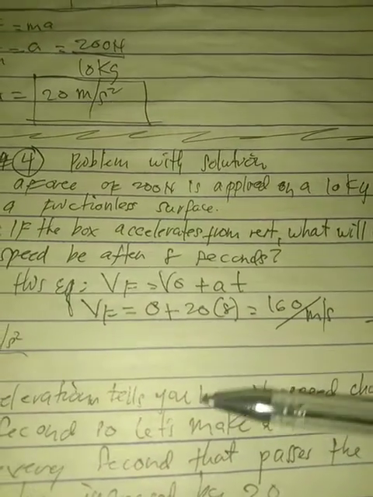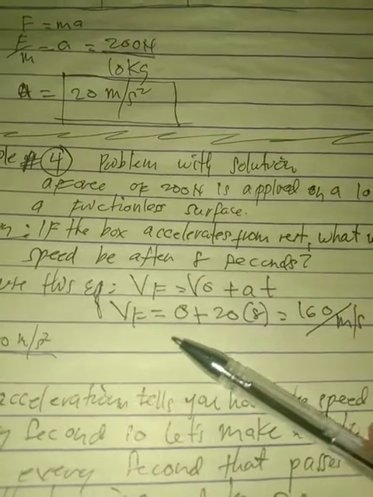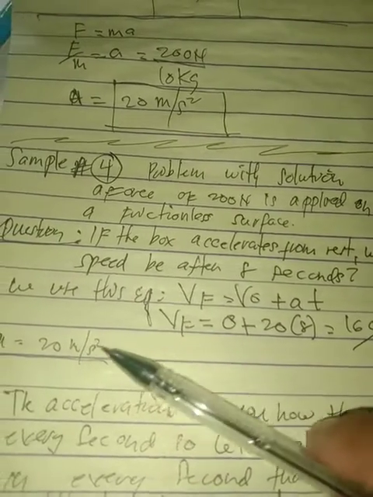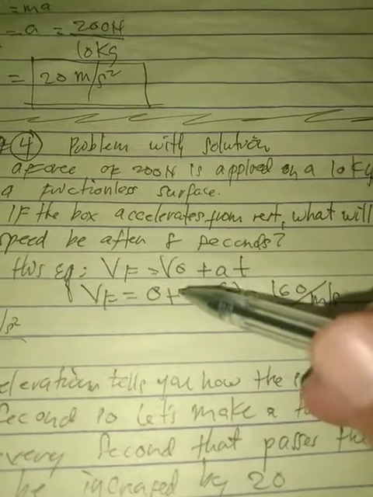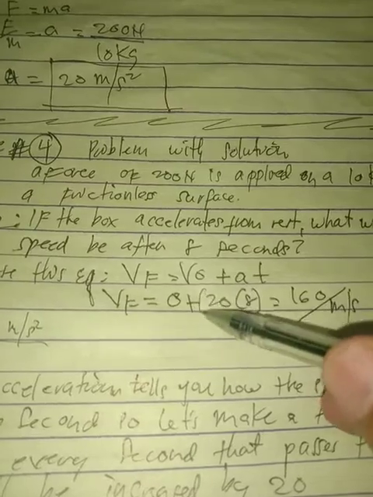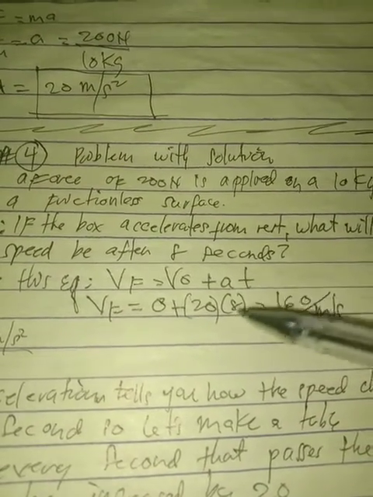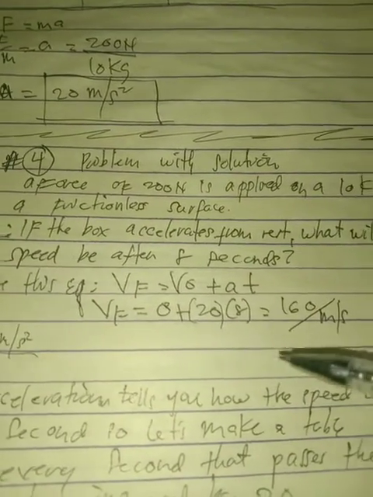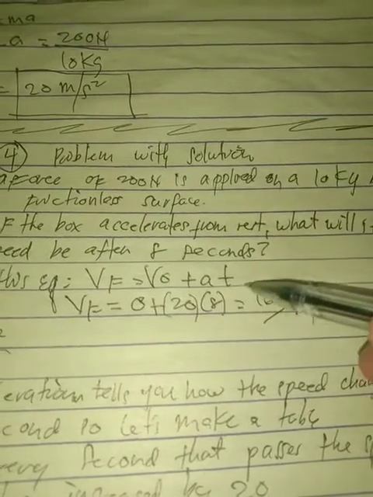Before we get the answer, we take the value of acceleration. Here is the value of our acceleration, 20 meters per second squared, and our t is 8 seconds. We multiply, so the answer is 160 meters per second. This is the answer.